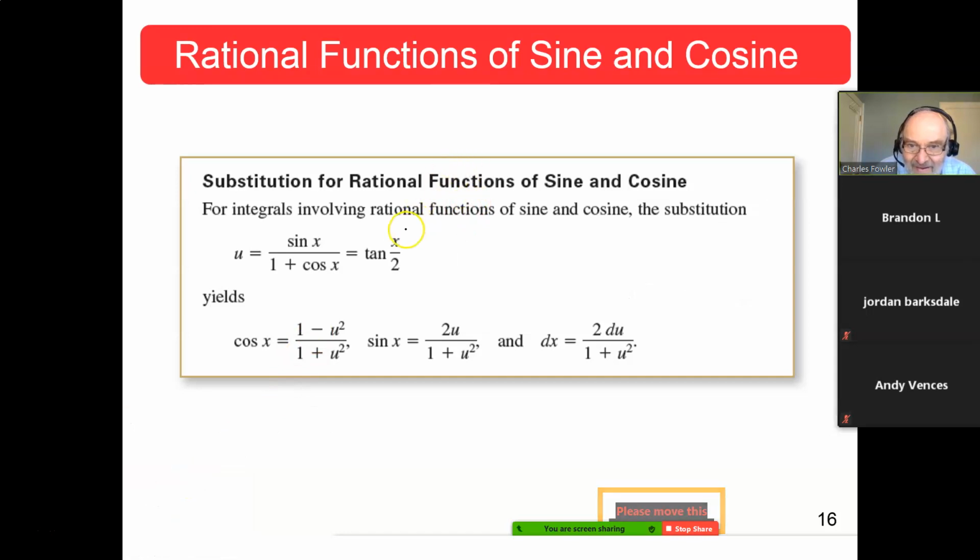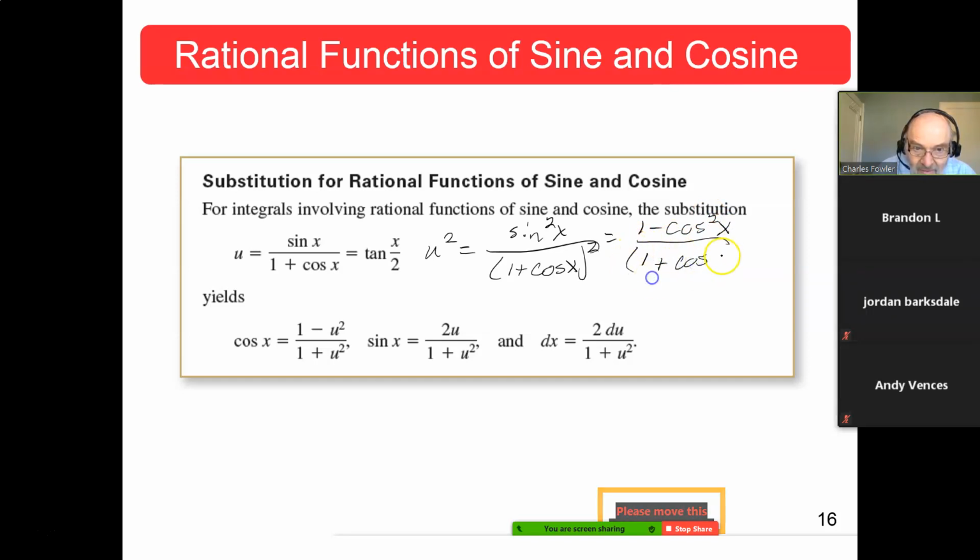Okay, first step would be u squared is equal to sine squared x over 1 plus cosine x squared. Sine squared x is 1 minus cosine squared x, your Pythagorean identity, over 1 plus cosine x squared.